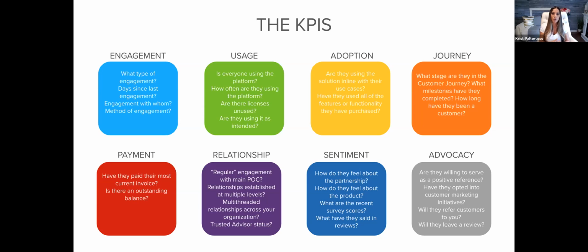The next one, their journey. I talked about this a little bit, but it could be tied to their stage. Customers that are in onboarding, you might have a higher level of engagement. You might have different usage. You might not have a big focus on license consumption and logins every day because they're just in onboarding. So maybe there are other metrics you want to track on engagement. Are they attending all of our weekly onboarding sessions? That could be one. Did they configure their data integration?